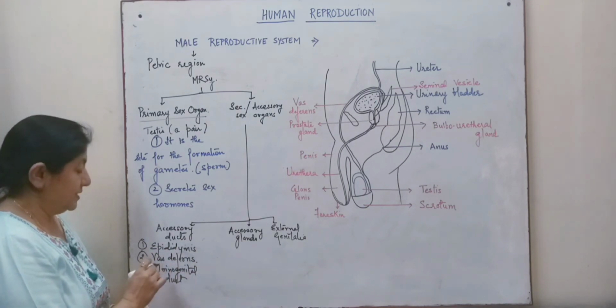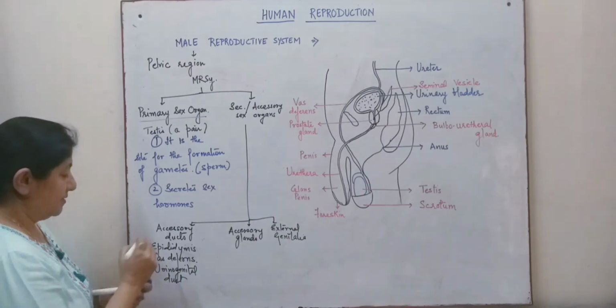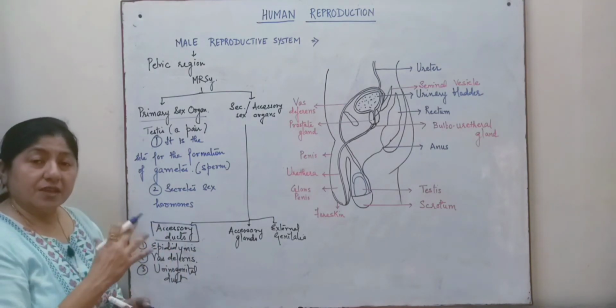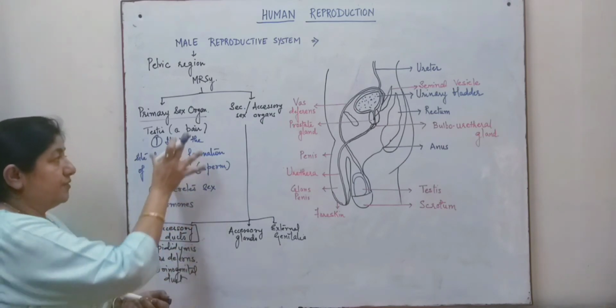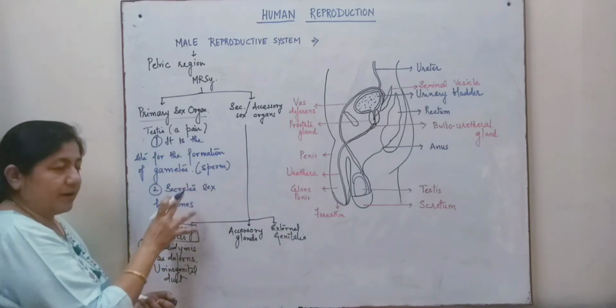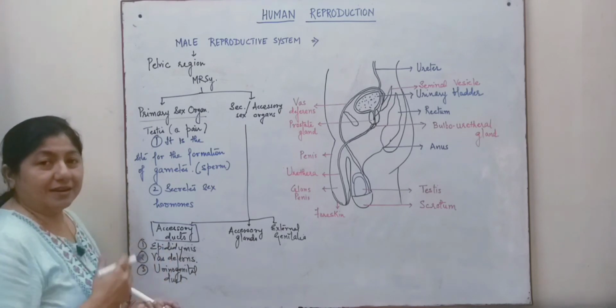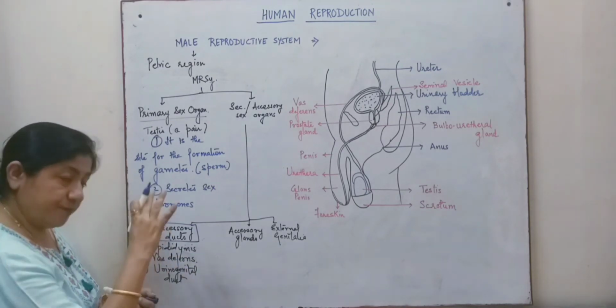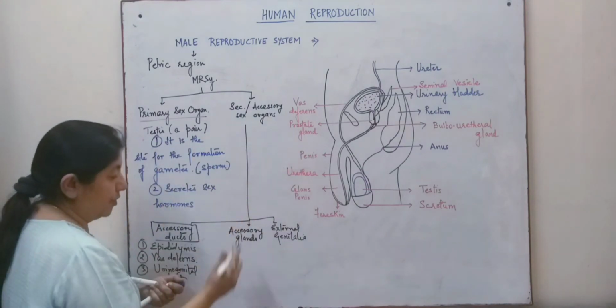Epididymis, vas deferens, and the urinogenital duct, these are the accessory ducts. They are not playing a role in the formation of the gametes or any hormone secretion. They are the ducts which allow the transfer or movement of the sperm inside the male body.